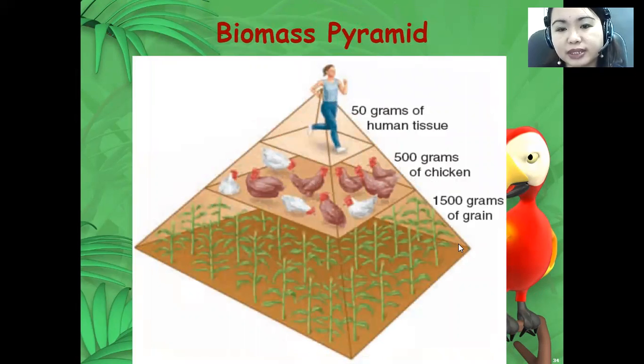In the biomass pyramid, it takes 1,500 grams of grain, which becomes 500 grams of chicken, and 50 grams of human tissue. So from the 1,500, the amount of energy being transferred gets lower and lower. Imagine from 1,500 to 50 grams.